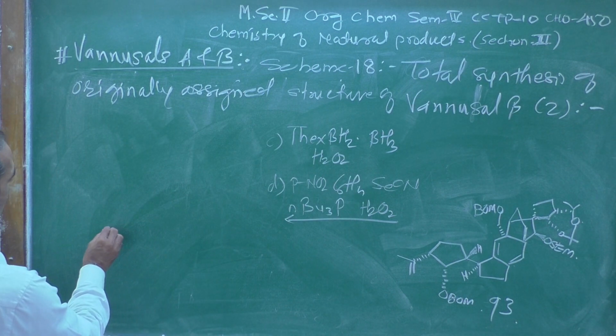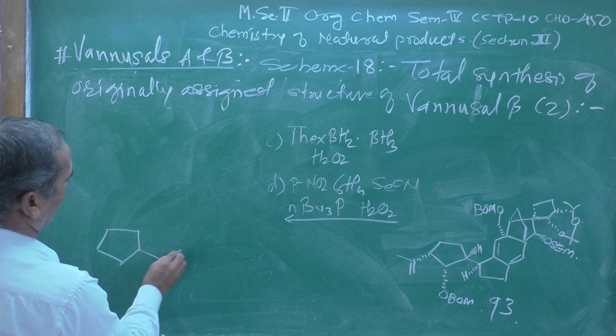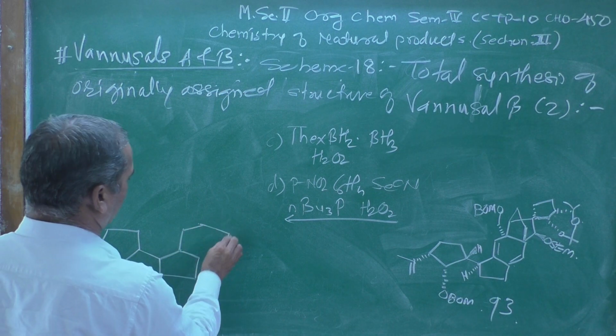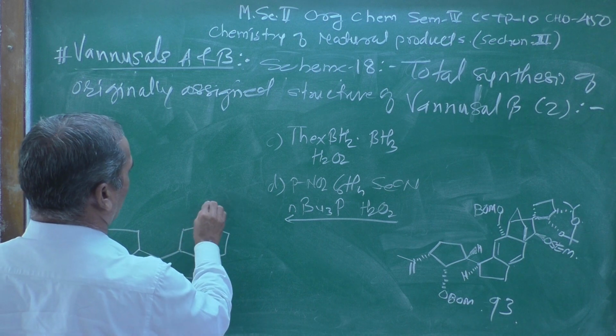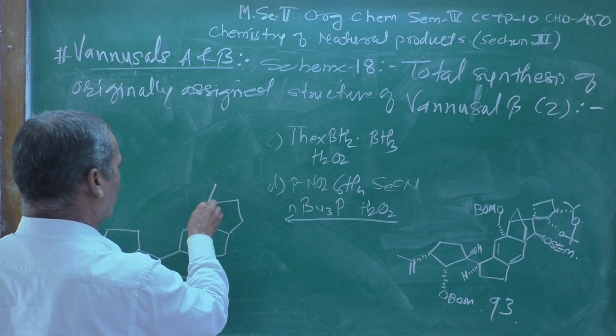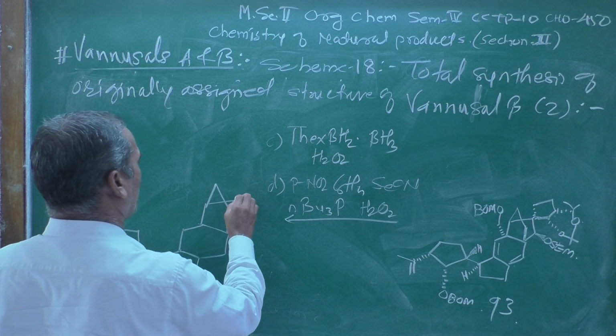See here, this is a 5-membered ring further attached with another 5-membered ring, then there is a 6-membered ring connecting over here, and immediately a 5-membered ring joined.